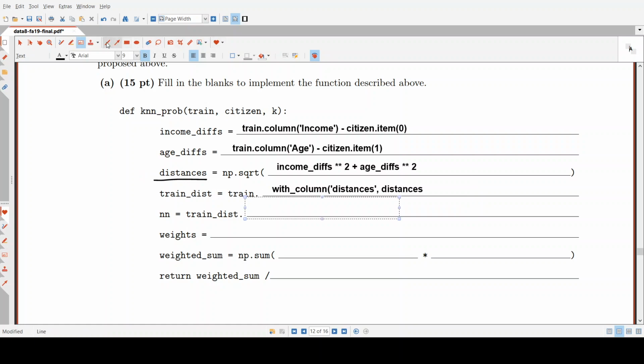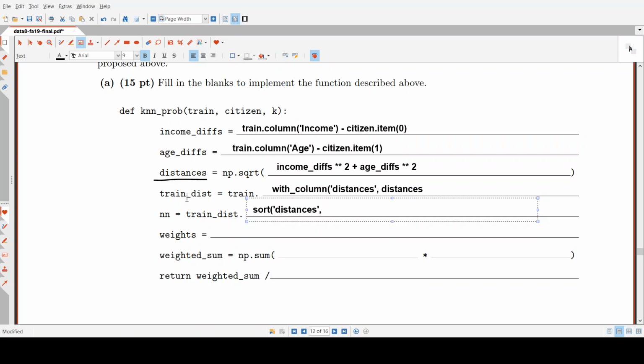So we want to find the k nearest neighbors here. Now we have all the distances, and remember that the nearest neighbors have the smallest distance. So we want to get the k rows of the table with the smallest distance. How can we do that? We can sort the table. We can sort by distances, and then set descending to true or false.